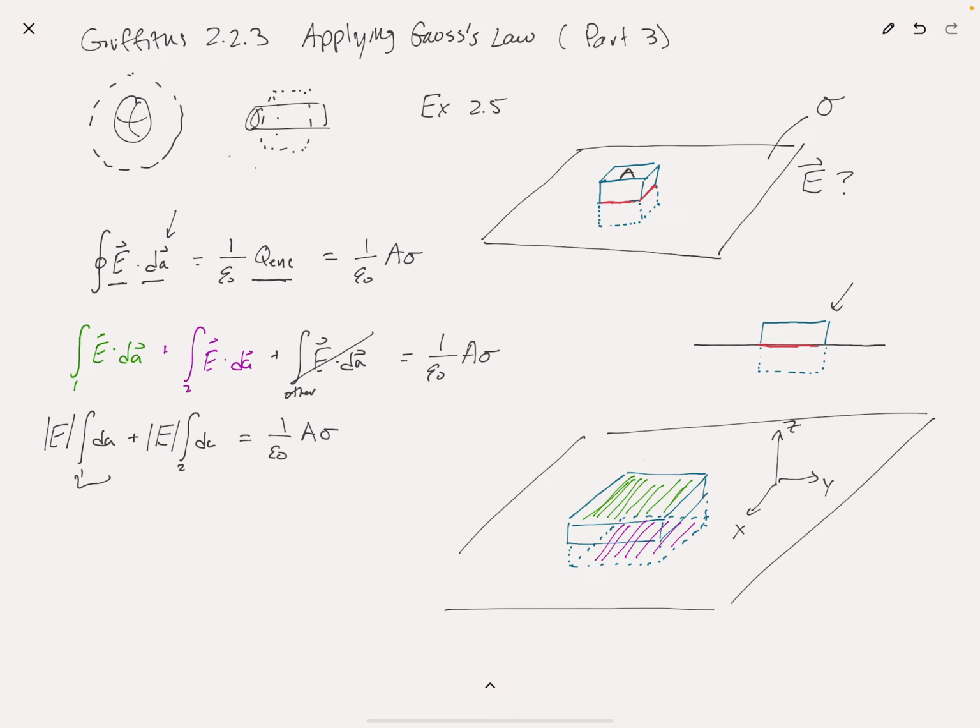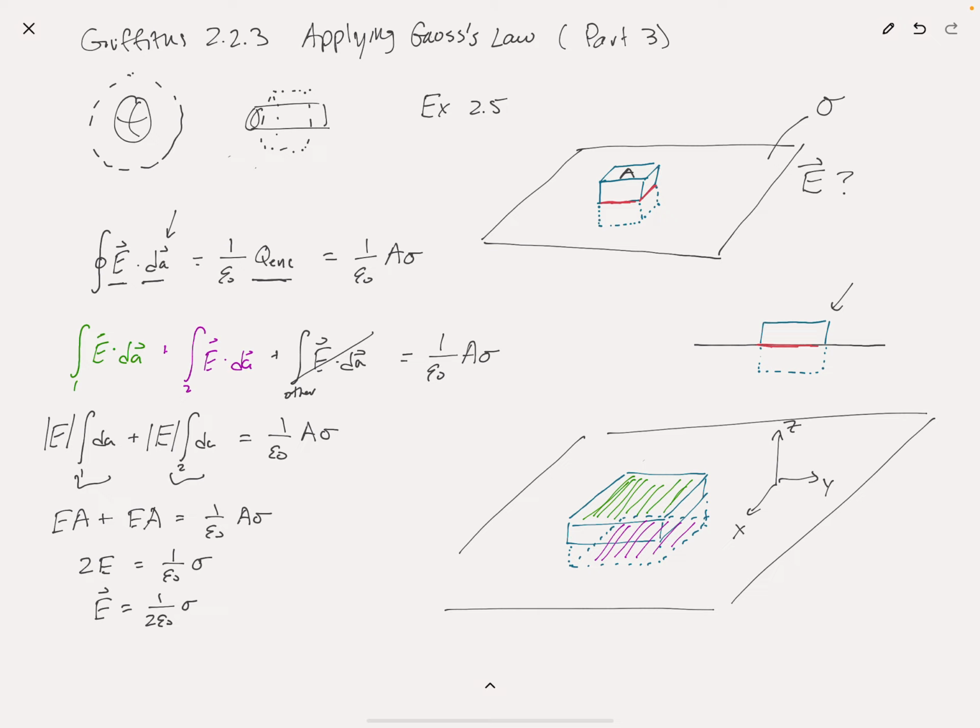But the integral over my surface is just the total surface area of that chunk of green, so that becomes E times A. And then the integral over my second surface is exactly the same size, so it becomes E times A. I get 2E, my A's cancel, equals sigma over epsilon naught, and then my electric field is sigma over 2 epsilon naught.